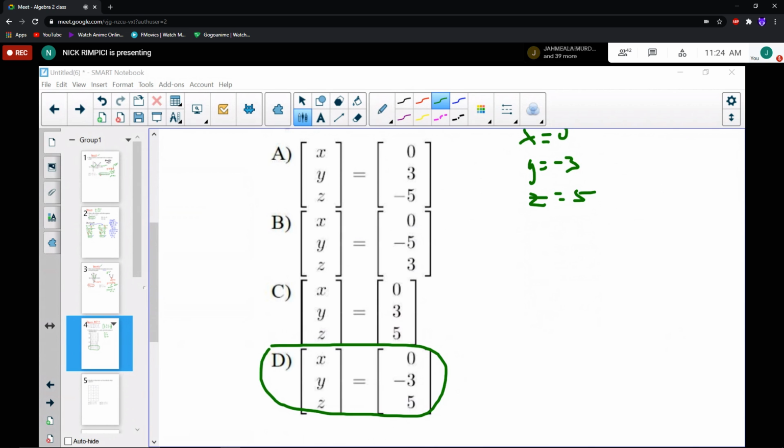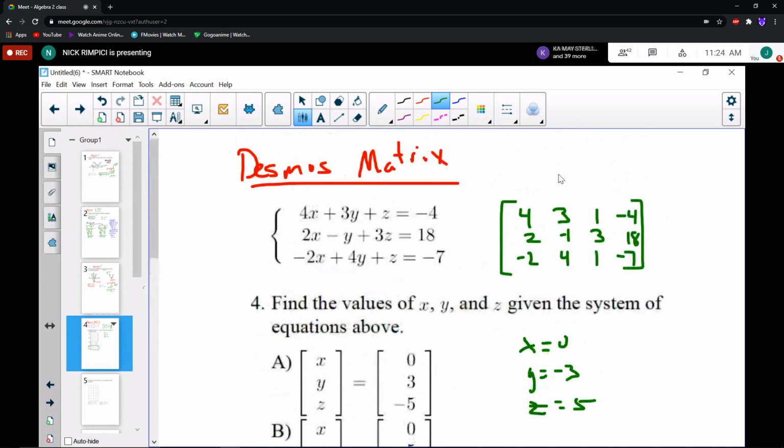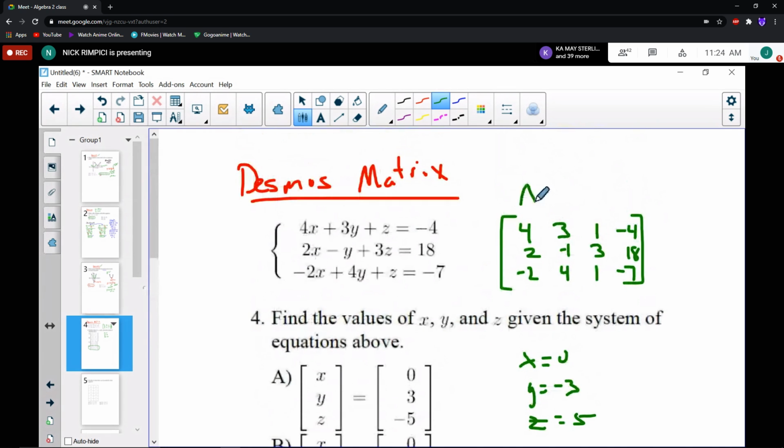I didn't do it algebraically with them today either. So I'll do this question again through algebraic means on Monday, so you get to see it. It just takes a long time, like 10 minutes, even a little longer. Okay, so that is that one. Much faster using technology and the augmented matrix.